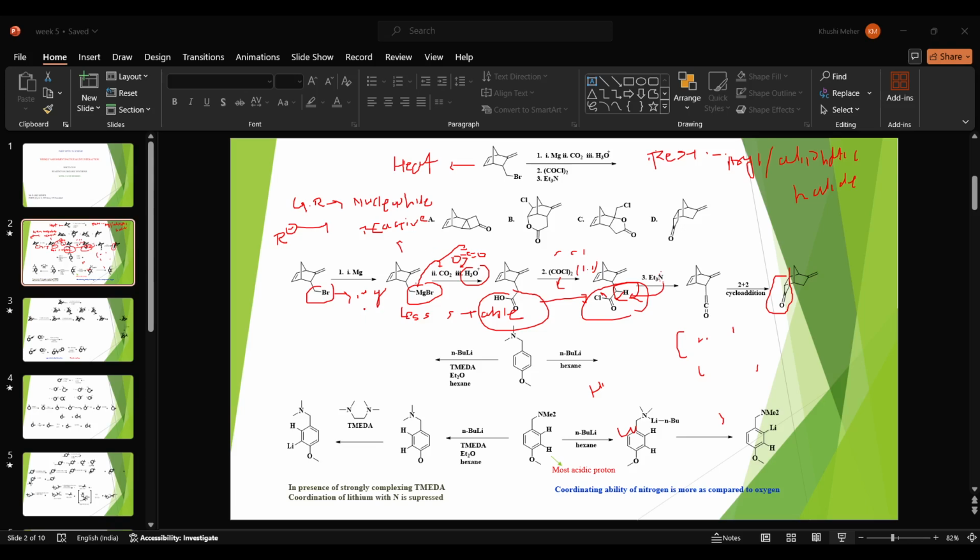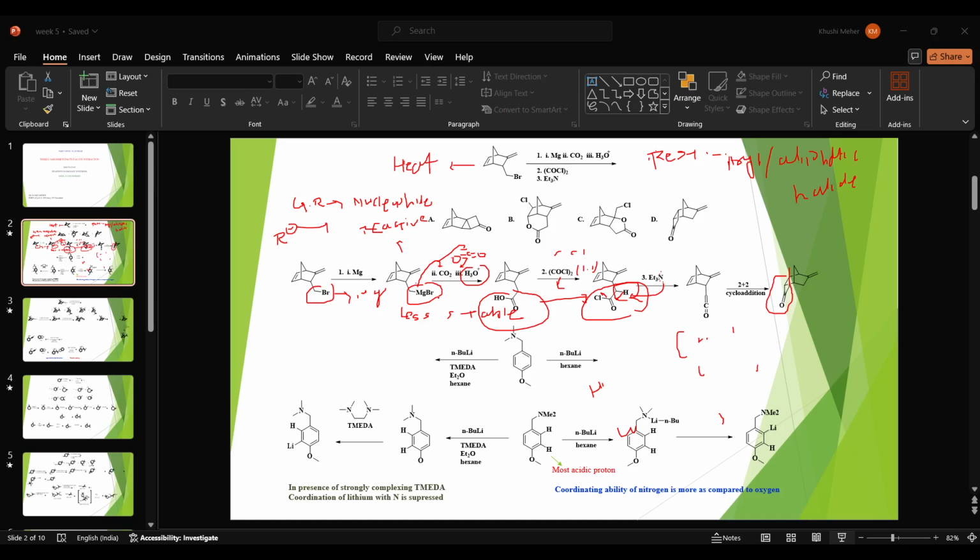And after that, what will happen? We have BH3·DMS, the dimethyl sulfide, Me2S is nothing but dimethyl sulfide, that we call BH3·DMS. That will react, and I told you that any kind of boron reagent will add to the alkene or alkyne faces from the same face only, in a stereospecific manner. You will see how in this particular case it will be joined.